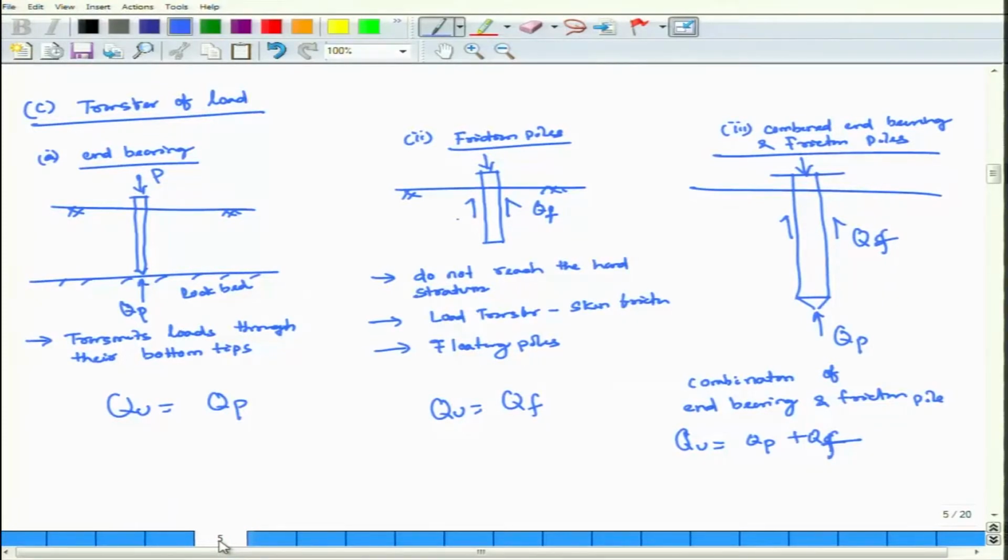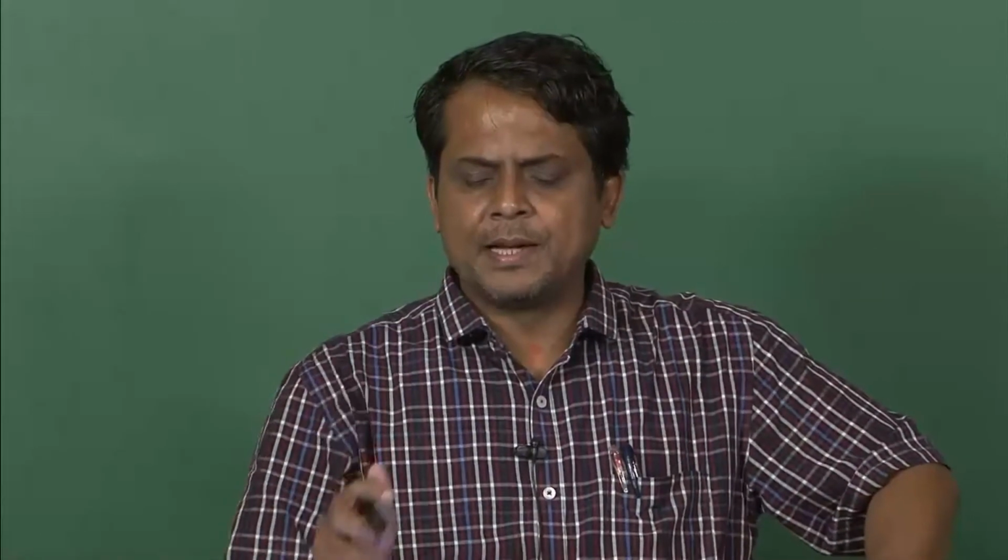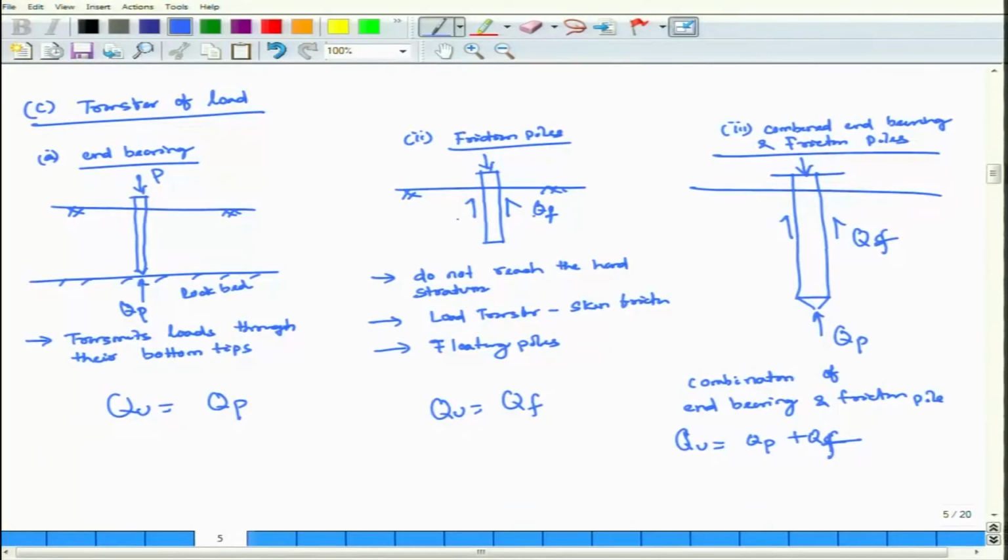Then load transfer, three types: end bearing, friction piles, and combined end bearing and friction piles. End bearing means if there is a pile, the entire load on the pile will be taken by the end or tip of the pile. Friction pile means the load coming to the pile will be transferred by means of side friction or skin friction.